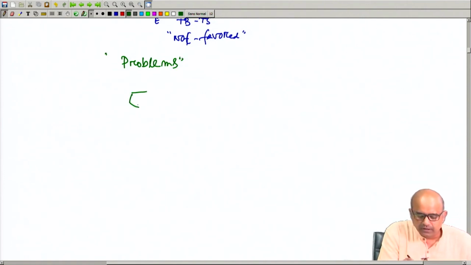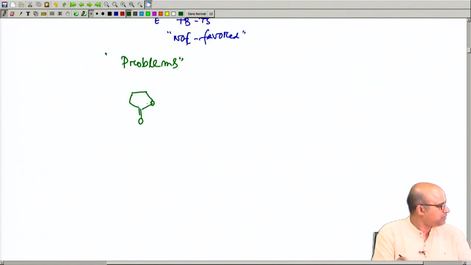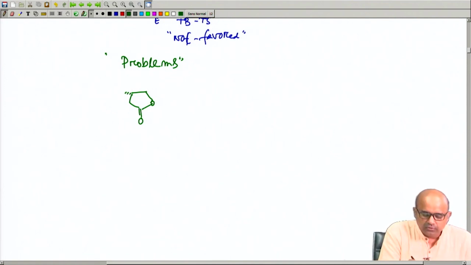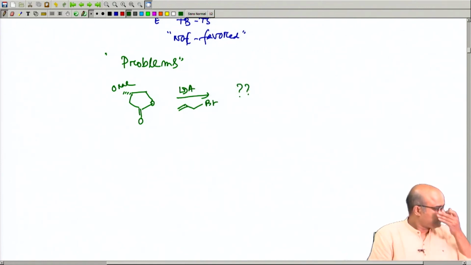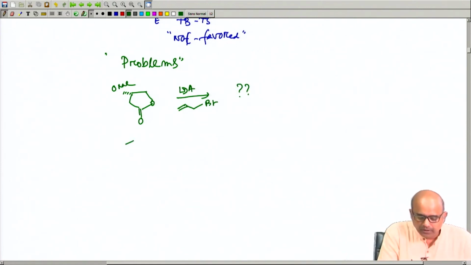So, let us try to be a little bit faster. You have a butyrolactone and you take it with a methoxy group, treat with a base LDA and treat with allyl bromide. So, predict the product. This could be a simple one.